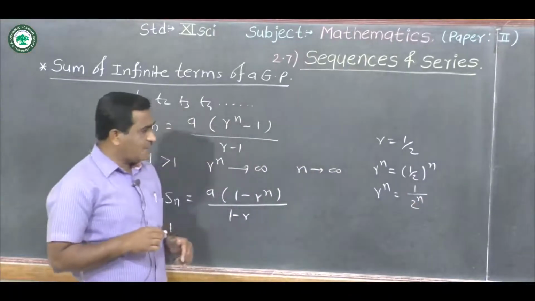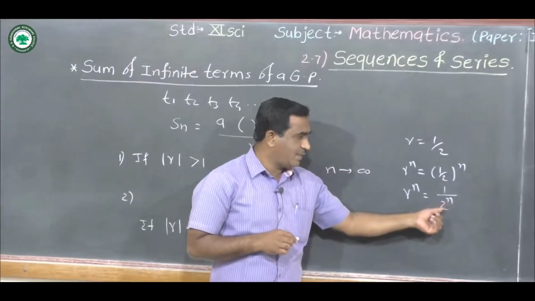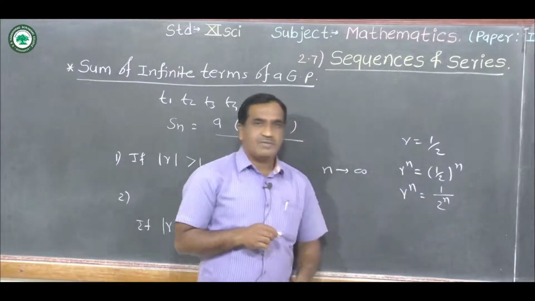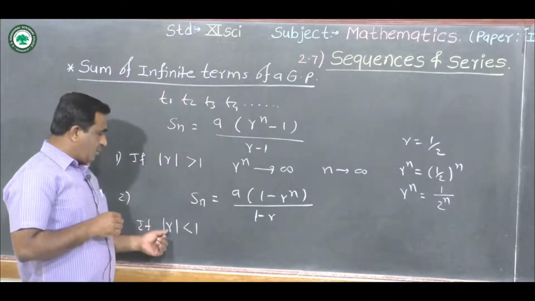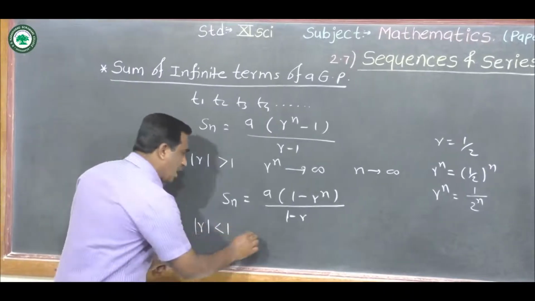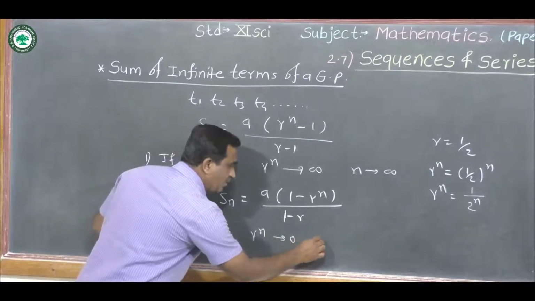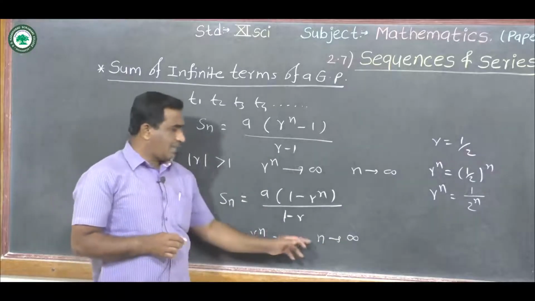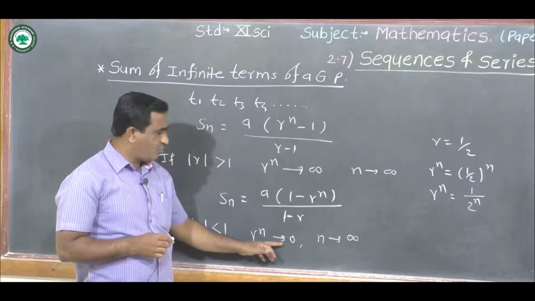Then if n tends to infinity, 2 raised to infinity means infinity, and 1 upon infinity means 0. Okay. Therefore, if modulus of r is less than 1, then this term r raised to n tends to 0 whenever n tends to infinity. That is, as n approaches infinity, r raised to n tends to 0.